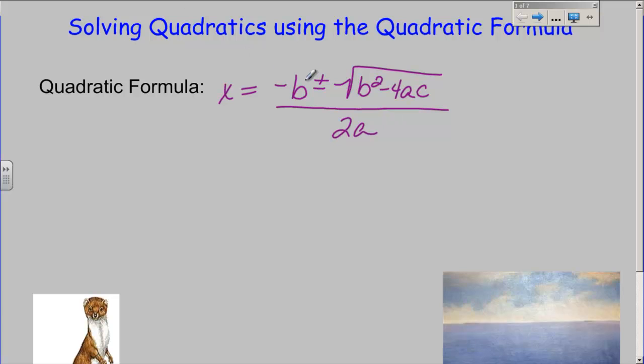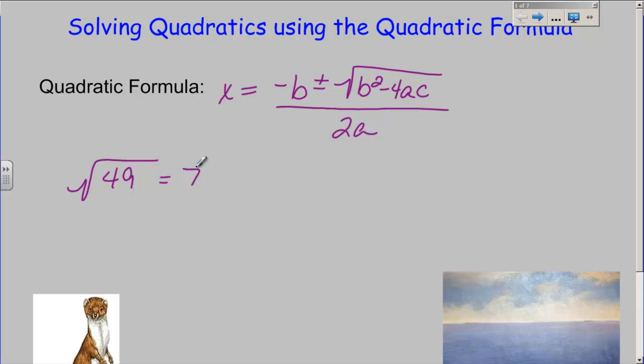This plus or minus thing here. Here is the reason why there is a plus or minus thing. We're just going to talk briefly about why that is. Anytime I take a square root of a number, okay, the square root of 49, y'all all know that the square root of 49 is 7. 7 times 7 equals 49.